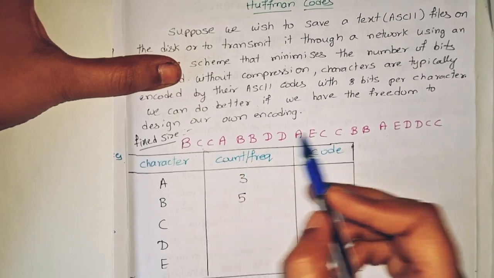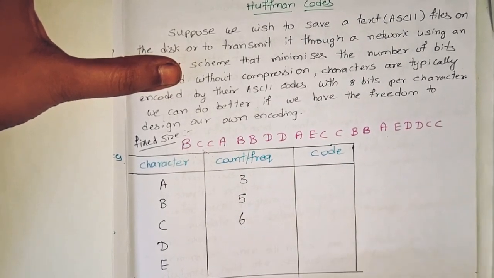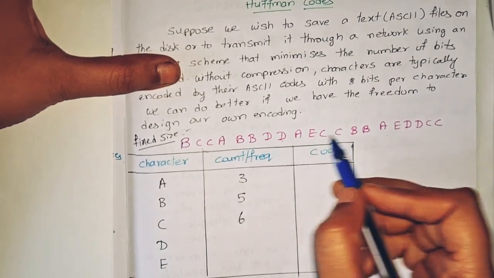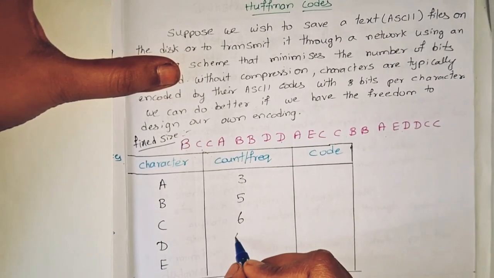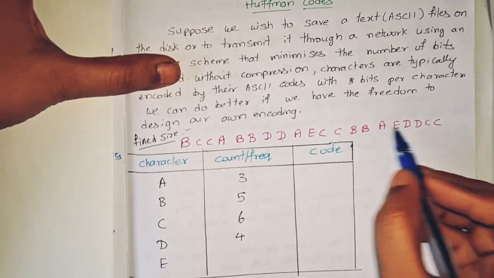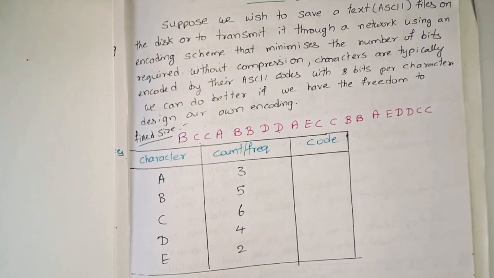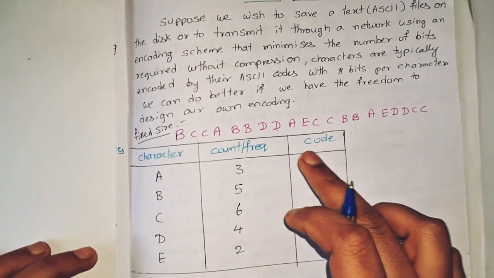C 1, 2, 3, 4, 5, 6, so 6 times. And D 1, 2, 3, 4, so 4 times. And E is repeated twice. So this is the count or frequency, that is, the number of times the characters are repeating in the message.